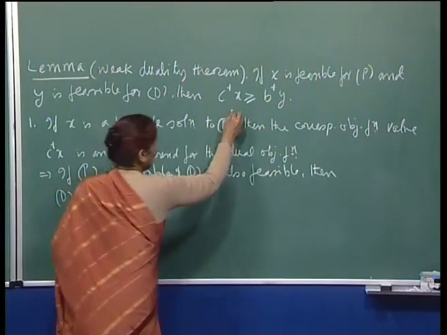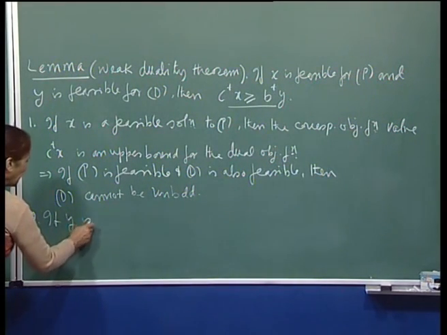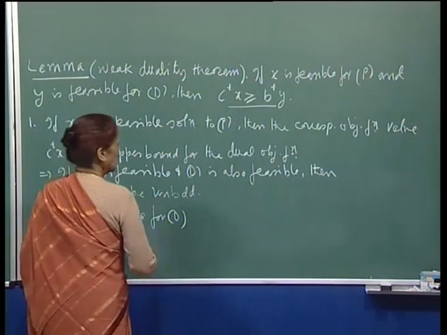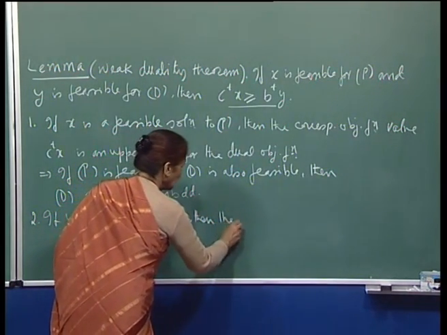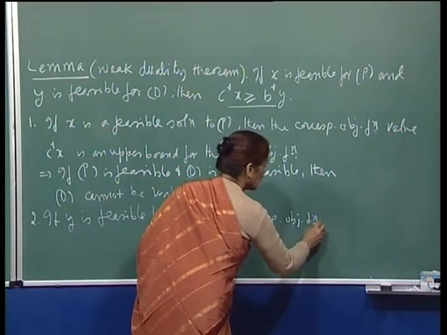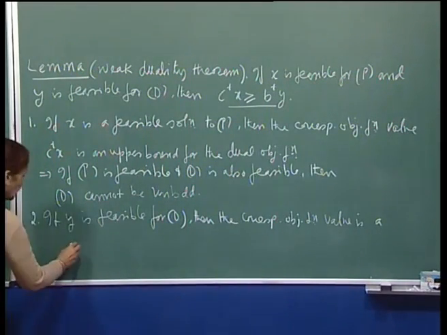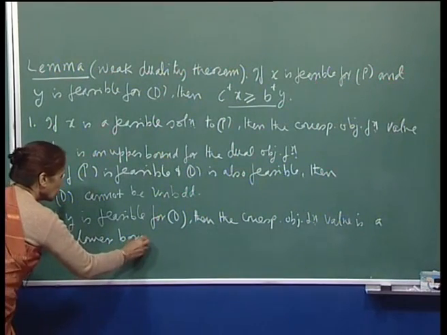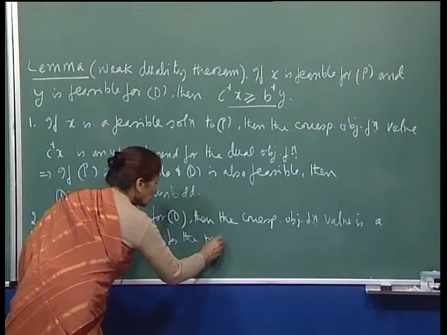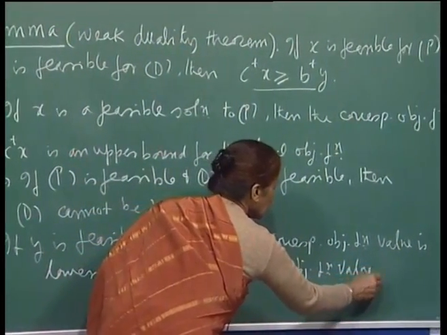Similarly, because you have this for any pair, you can immediately make the statement that if y is feasible for D, right, then the corresponding objective function value is a lower bound for the primal objective function value, right.